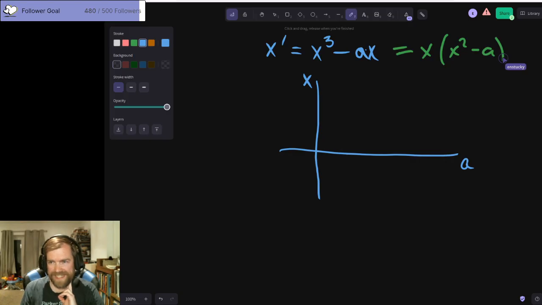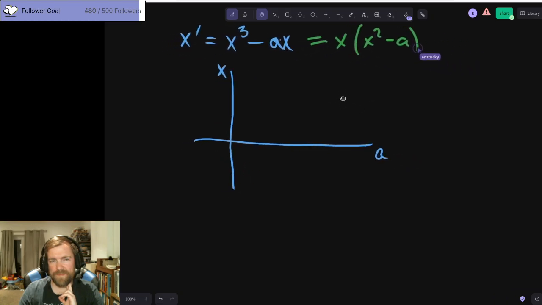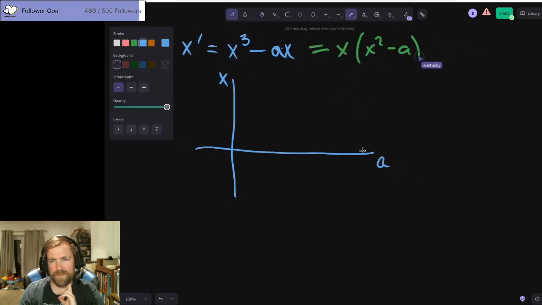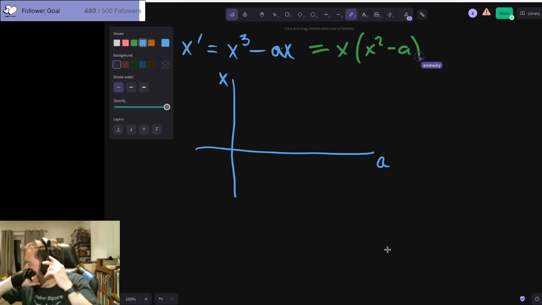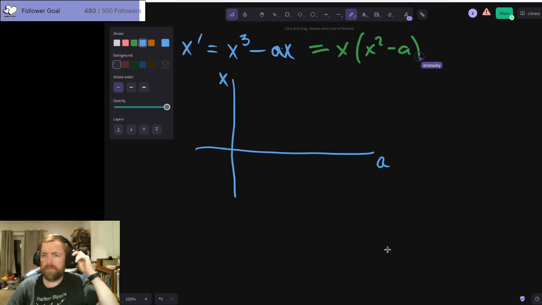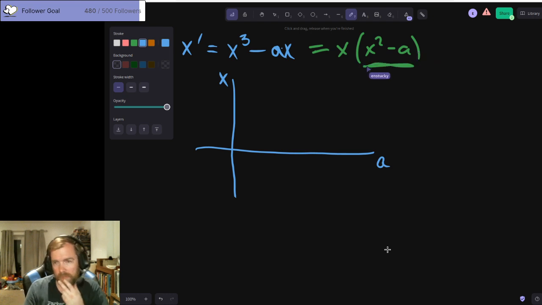Because if I'm trying to set x prime equal to 0 to look for equilibrium points, then how many solutions I get is going to depend on whether a is positive or negative here. If it's negative, that part has no real solutions, and so I'll only get an equilibrium at the origin.